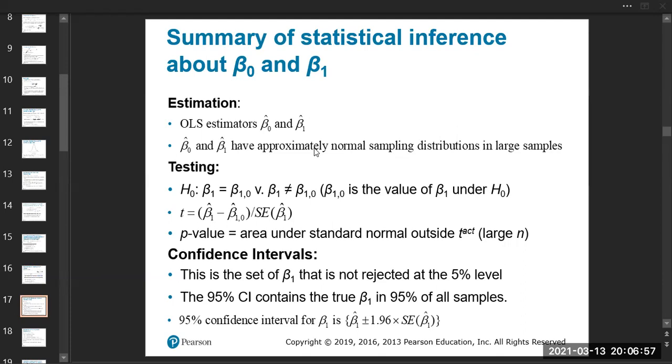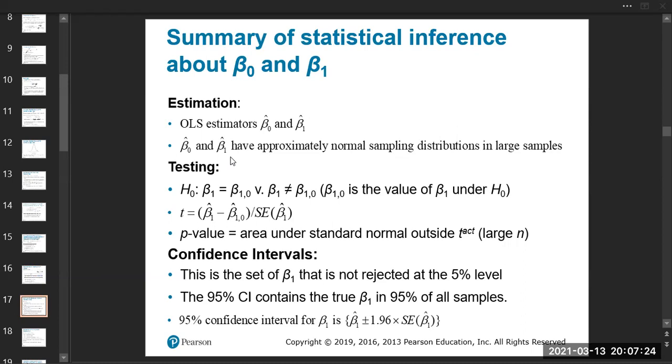In our setting, because we assume three assumptions hold, these two estimators have a nicely approximately normal sampling distribution in large samples. So beta 0 and beta 1 are random variables and they have a distribution.